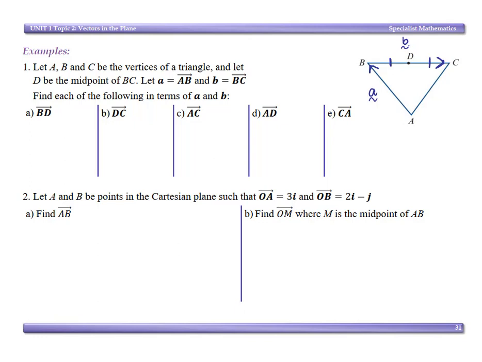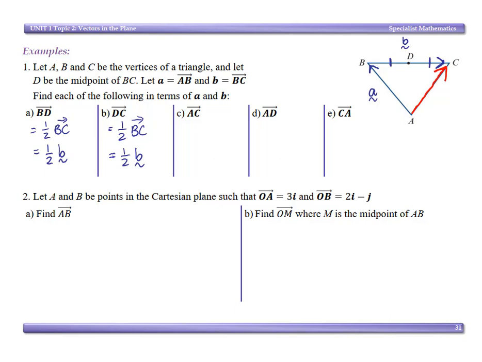So BD is equal to a half of BC. BC is vector B, so that's just equal to a half B. DC is also a half BC, direction's the same, so that's a half B. AC is this vector here, so you need an end there.